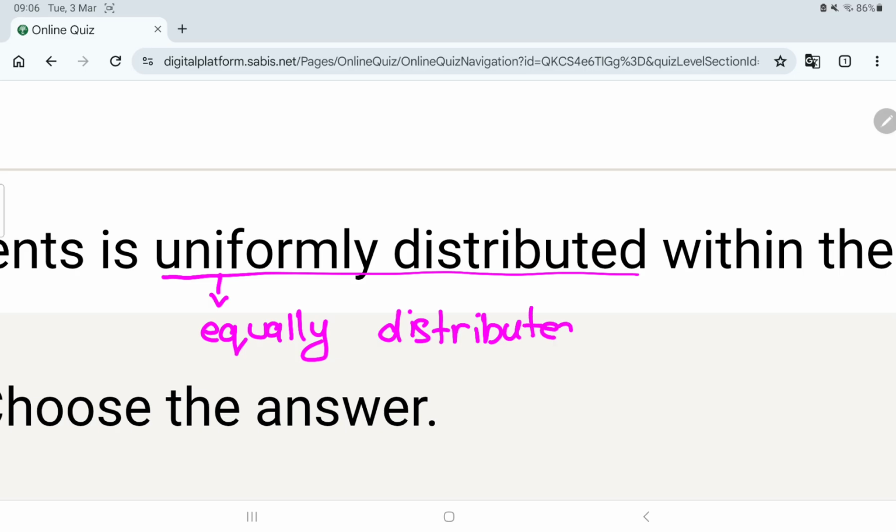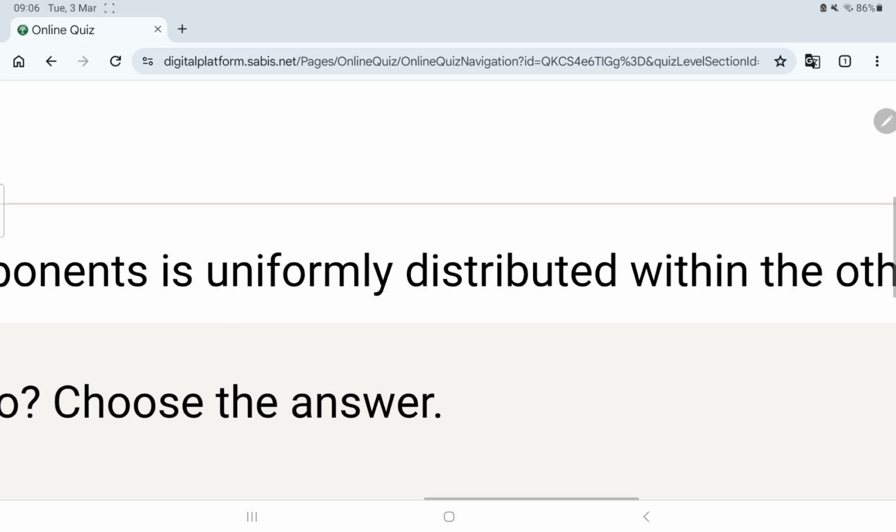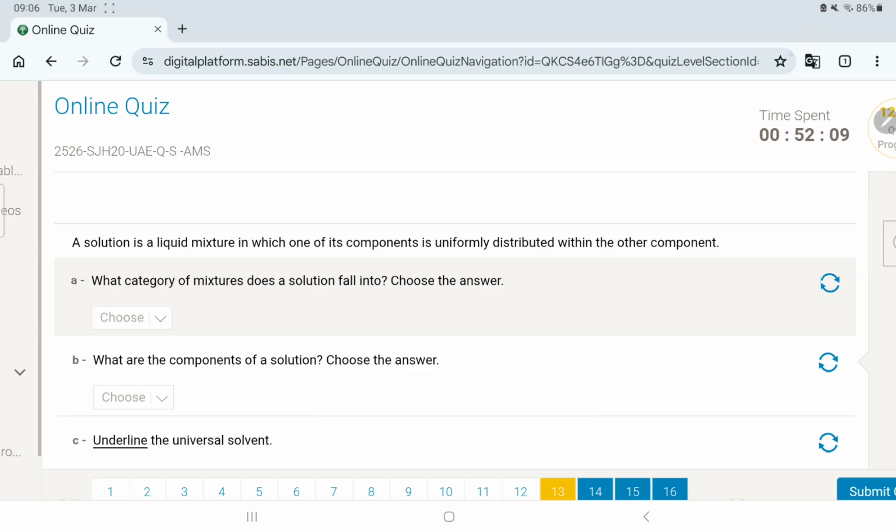Actually, I'm sorry, let me zoom out. It's going to be way easier. So when you see uniformly distributed, they just mean equally distributed.